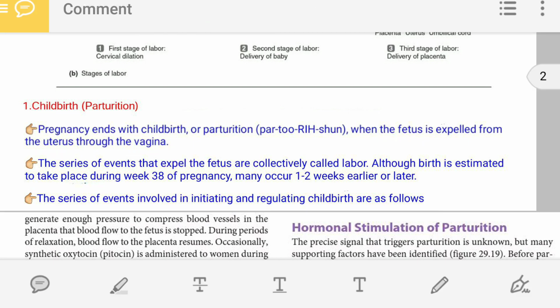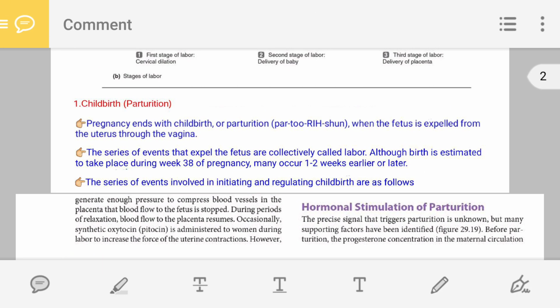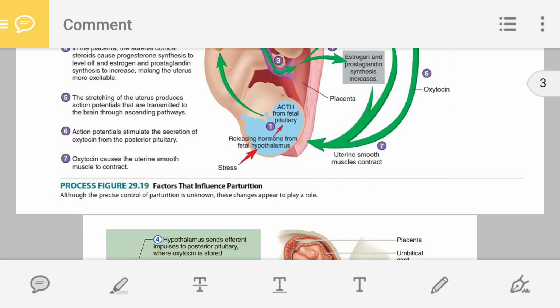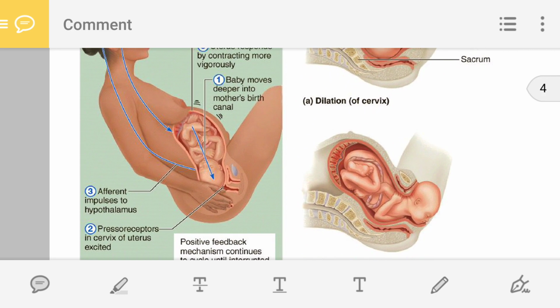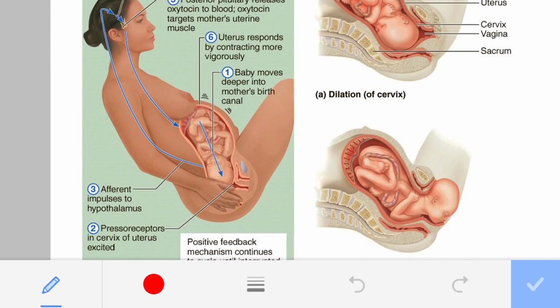Now, the events of the pregnancy, which are the events that are taking place. Here, as you can see, this is the pregnant mother, and the baby's body is developed. So point number one, the baby moves deeper into the mother's birth canal. The mother's birth canal is this: this is the cervix, and this one is the vagina.